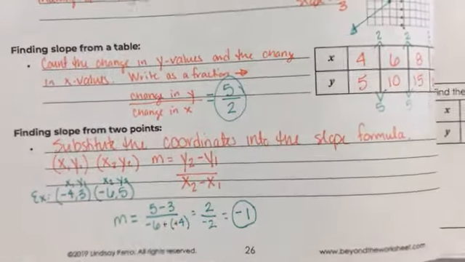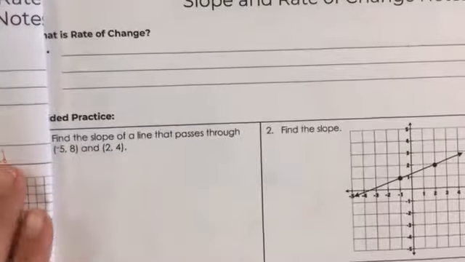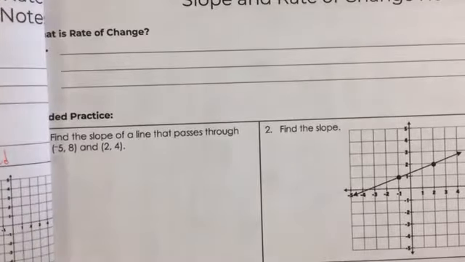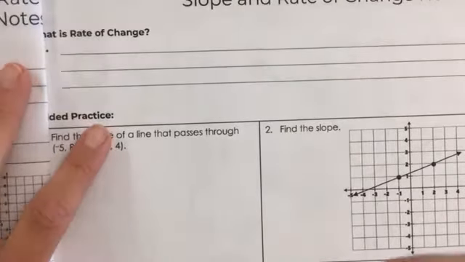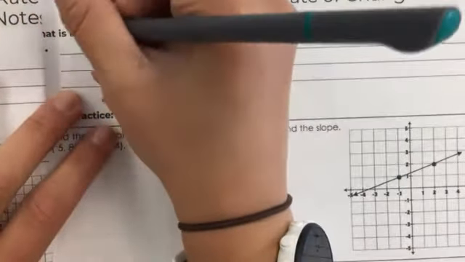Okay, so the next part, we're going to talk about the rate of change. Now, the rate of change is technically the same thing as a slope, okay? So what we're going to do is just define it as that, but it's basically the real world.